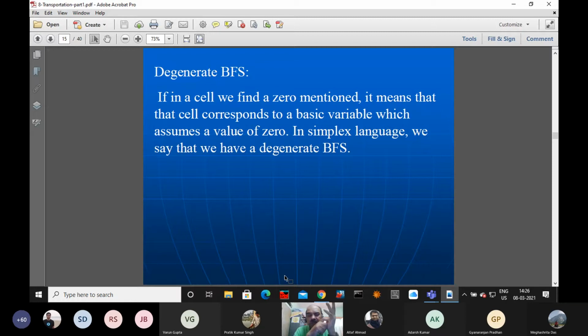But if the number is less than m plus n minus 1, then we say this is a degenerate basic feasible solution. If it is non-degenerate, then the basic feasible solution must have m plus n minus 1 basic variables. That is the difference. For the degenerate basic feasible solution, we have fewer than m plus n minus 1 non-zero variables.